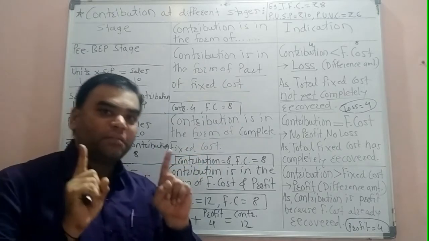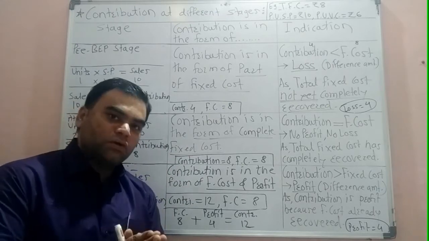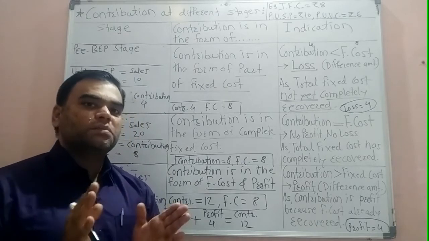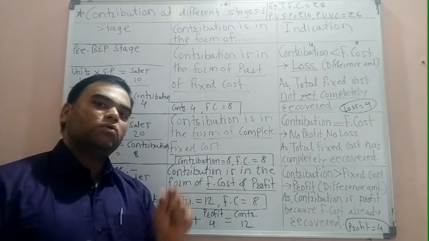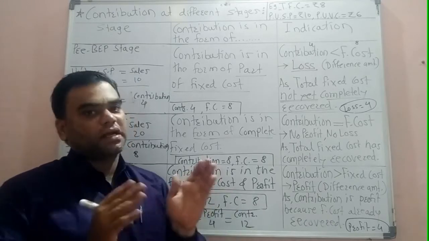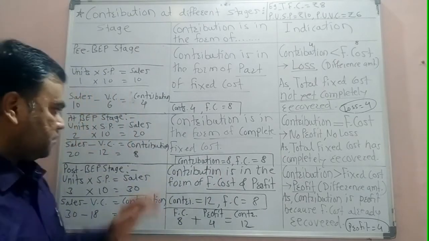Where do we recover it? At the BEP stage. When our contribution and total fixed cost become exactly equal, that stage is known as the BEP stage. And at that point, our total cost and total sales also automatically become exactly equal, as we had discussed in the last lecture.